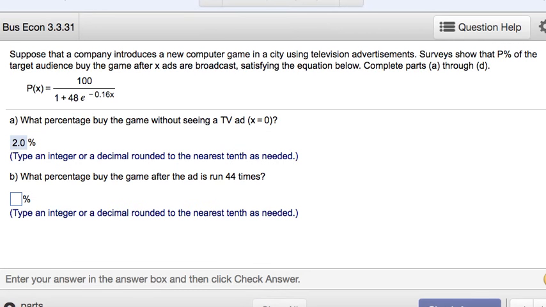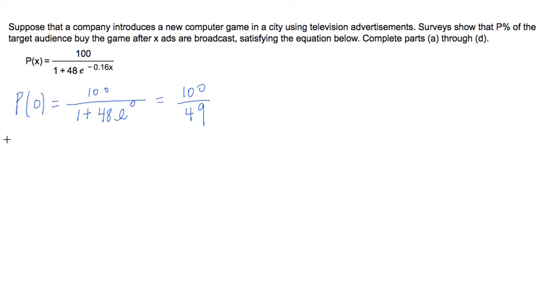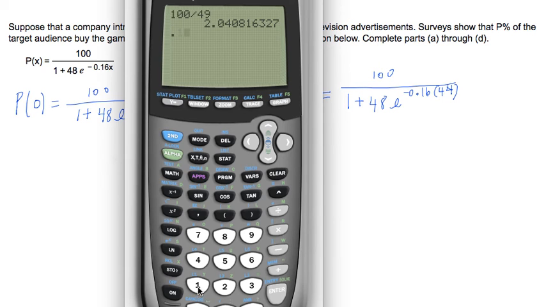Okay, and we've got to plug in 44. What percentage of people buy the game after seeing 44 ads? That's a lot of ads. So we'll just enter that into the calculator. 0.16 times 44, times negative 1. That's the exponent.